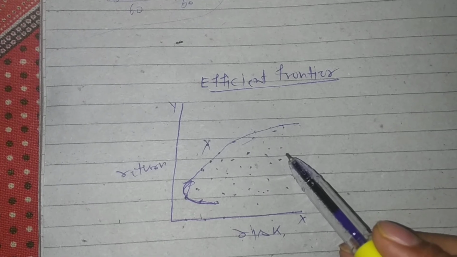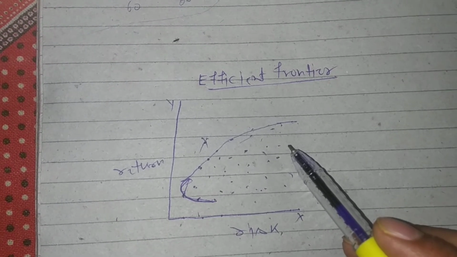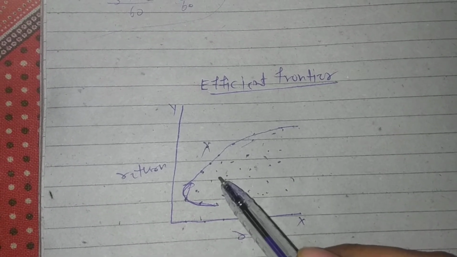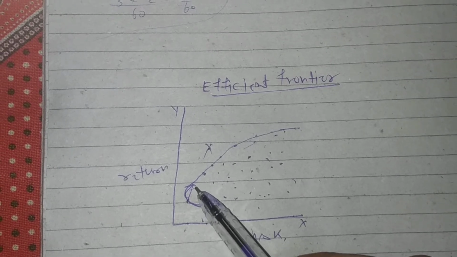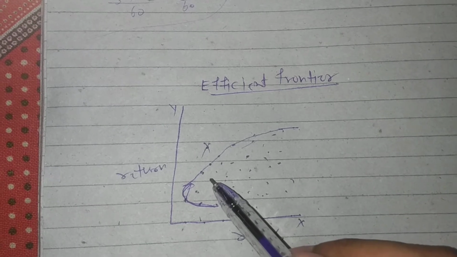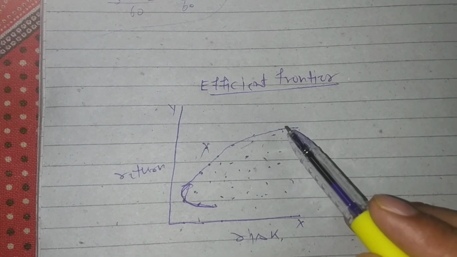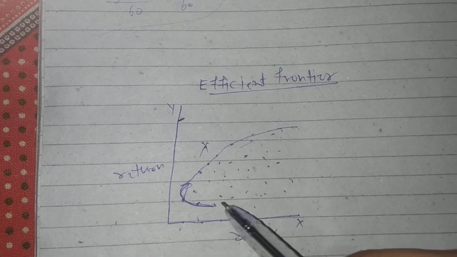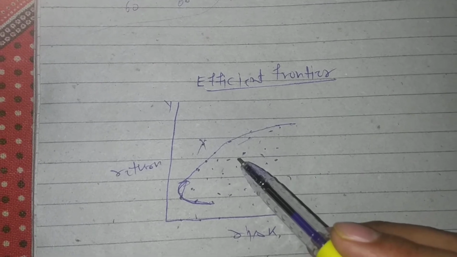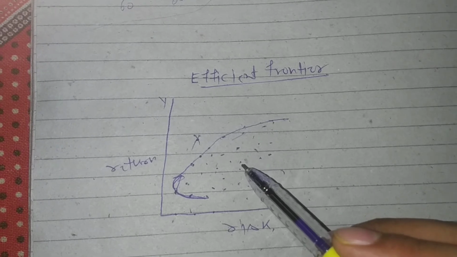And any person who is risk averse or who is not willing to take much risk, like an old person or retired person, would choose the securities on the left side of this frontier, somewhere in this area. So this frontier is used to select the securities yielding best return for a particular level of risk.